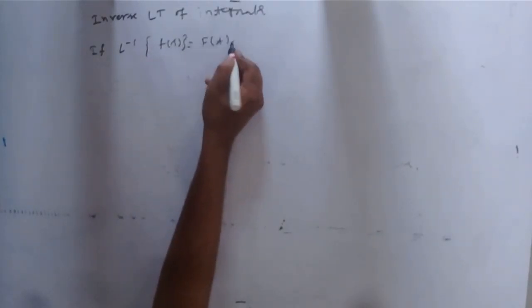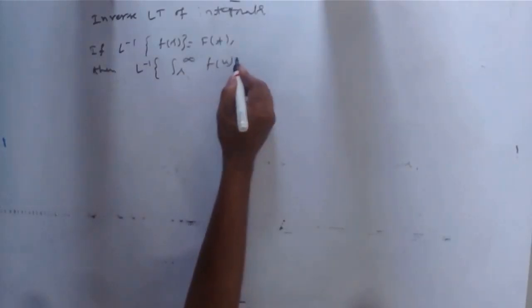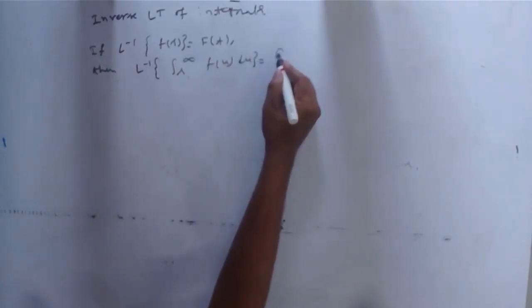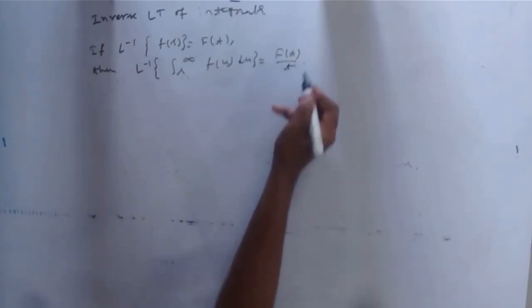So this theorem states that if L inverse of F(s) equals f(t), then L inverse of the integral from s to infinity of F(u) du equals f(t) by t.